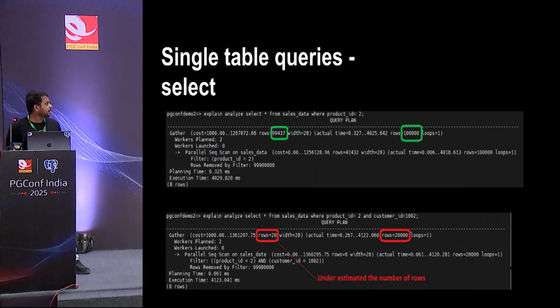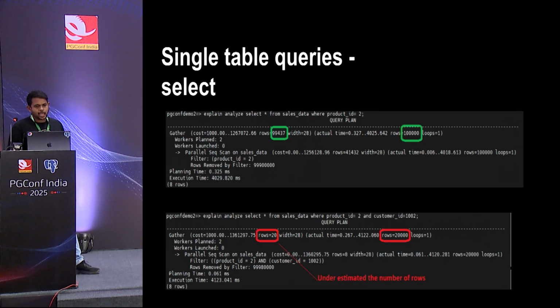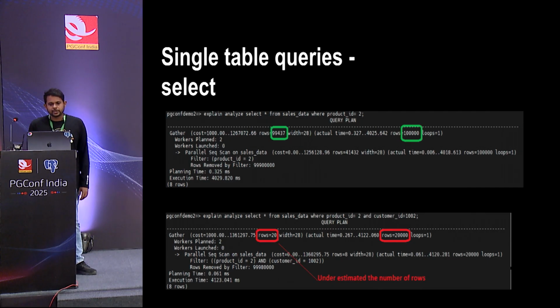If you see here, I have a select query on the sales data table, and I have only one condition here, where the product ID is equal to 2. The planner is estimating around 99K rows, whereas in real time it is returning pretty much 100K rows.